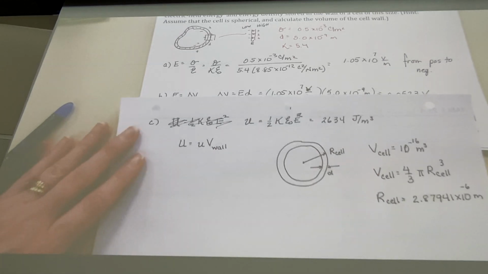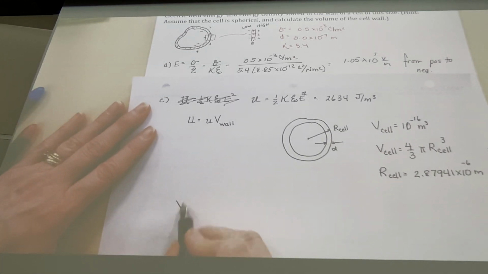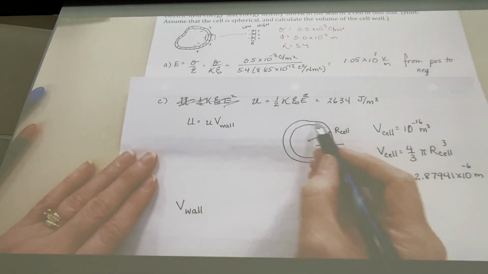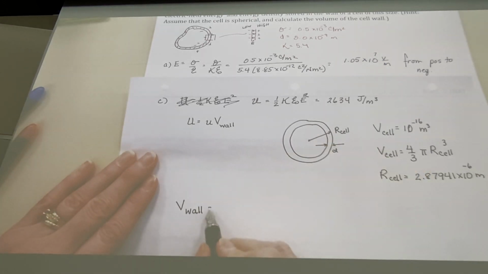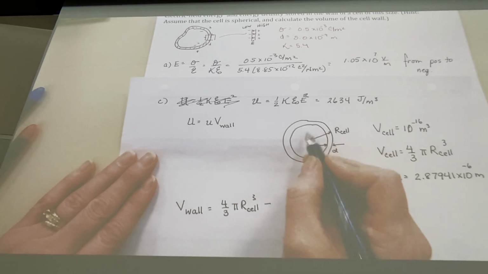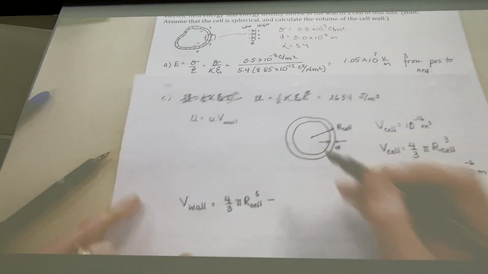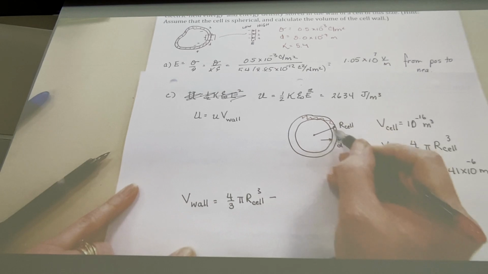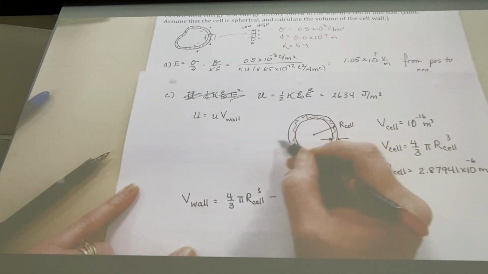If we want the volume of the wall, it's going to be this outside sphere. Subtract this inside sphere. Does that make sense? So to get the volume of the wall, you take the big one and you subtract out the little one. So there's the wall right there.